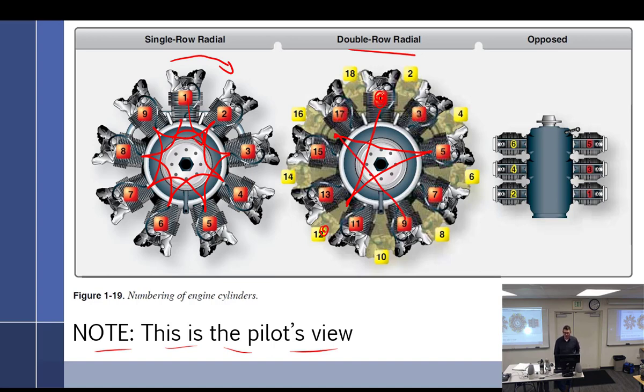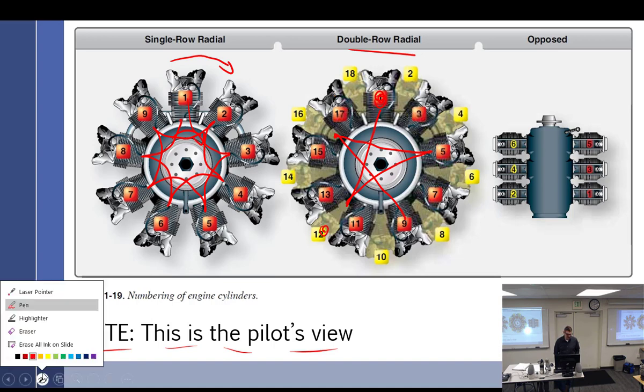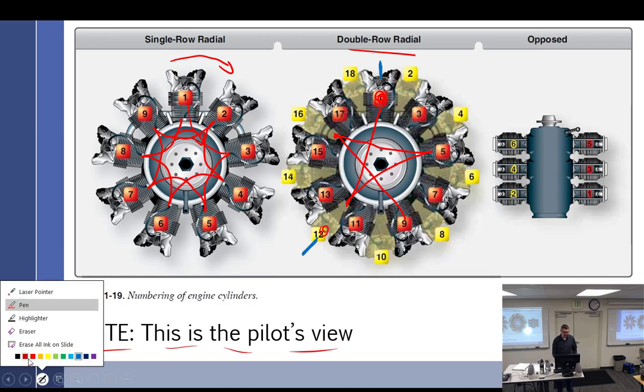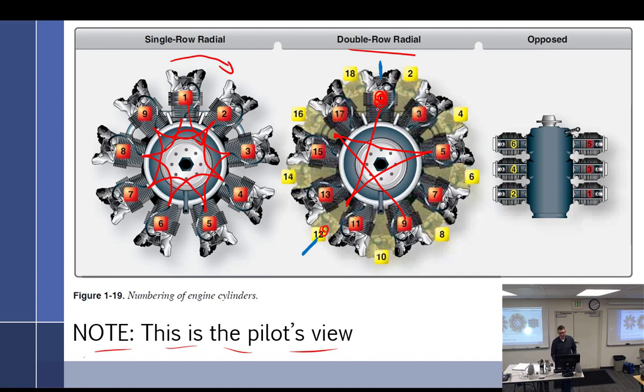So it just started. Let me go back here. A different color. It started here, and it started here. So now it's just going to go every other one after that. Do you follow what I'm saying? So if it starts here, then it's going to go to here. That's the back row. Then the front row is every other one.